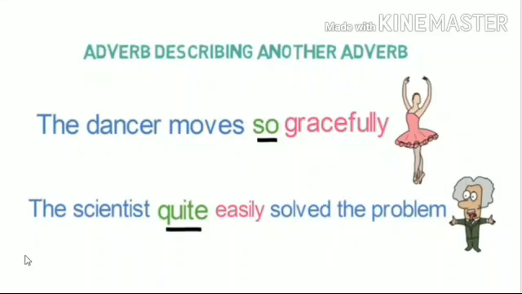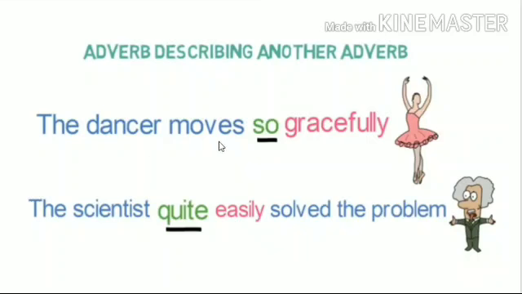In this sentence, the word gracefully is describing the verb moves. Dancer is a noun here and moves is the action, that means this is a verb. How does the dancer move? Gracefully. That means gracefully is an adverb here.